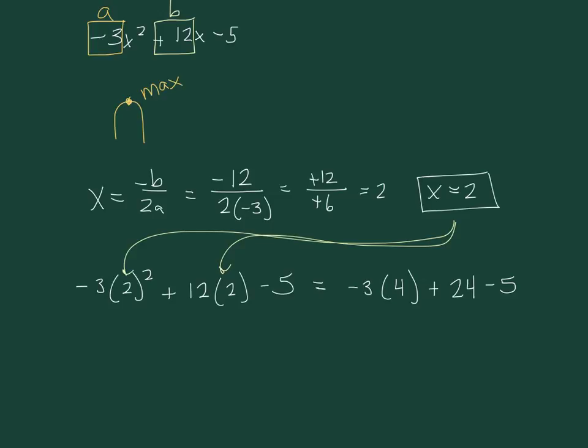Negative 3 times 4 is negative 12 plus 24 minus 5. Negative 12 plus 24 is 12 minus 5. And 12 minus 5 is 7. So what is the value of the maximum? It's 7.